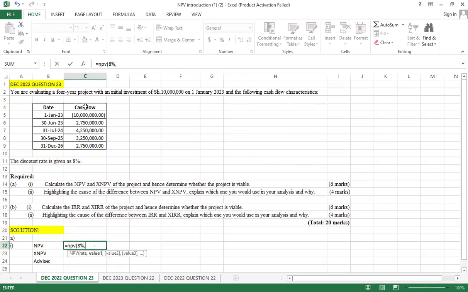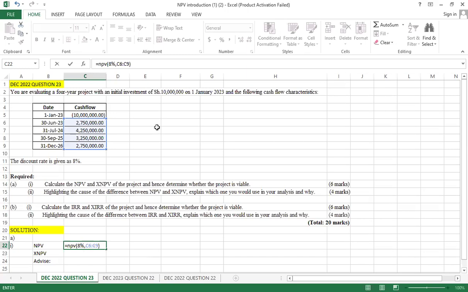Do not forget that. When we are told of value 1, value 2, value 3, we are looking at the cash flows for period 1 to the last. In this case, period 1's cash flow is this first positive one. Leave out the negative, because that is the initial investment in period 0. But then we need all of them to the last one. So I will highlight all that way, and close the bracket.